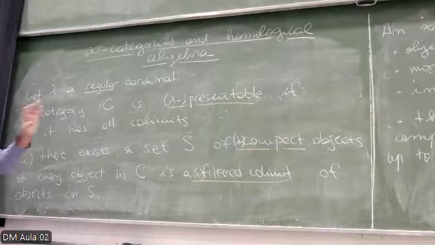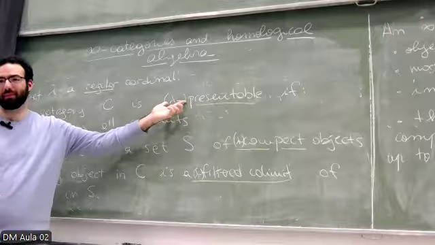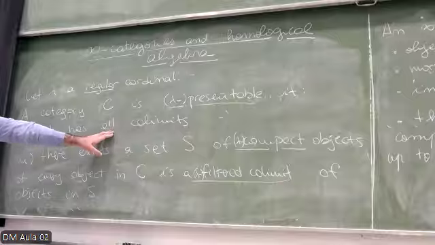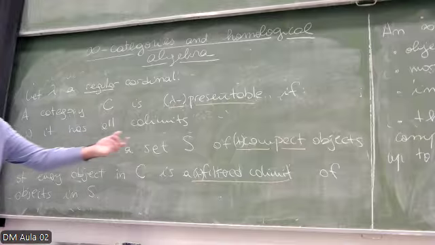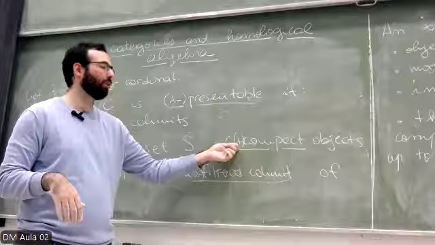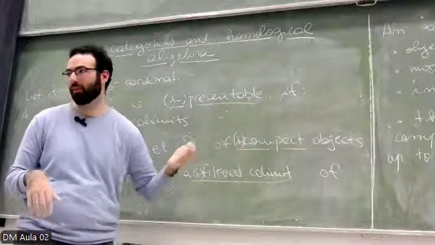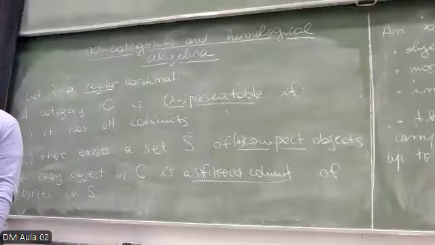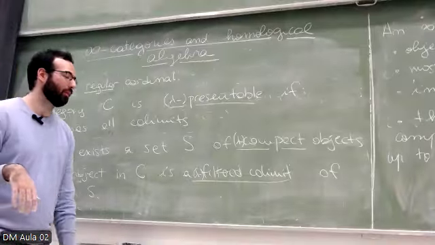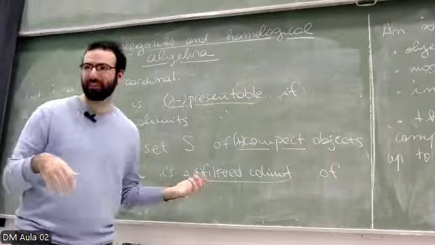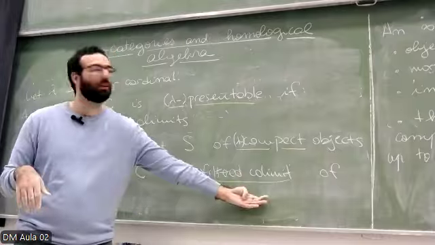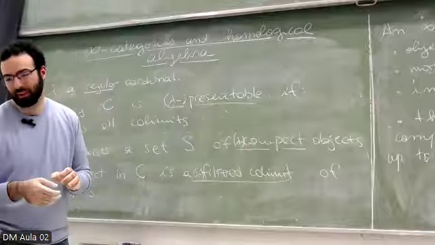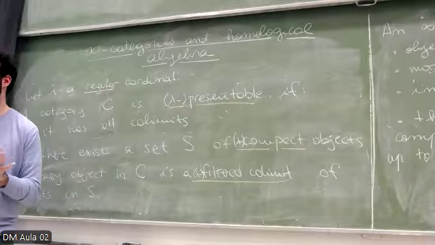Then C is presentable for some fixed size if you can glue all you want, so you have all co-limits, and you also have a set of compact objects, which are in some sense small, bounded by this cardinal, and you can get all the others by gluing, but you can't glue too many objects. That is also in some sense controlled. All of these words I haven't defined, and I don't have time to do it now, but I think we can pick up from that next time.